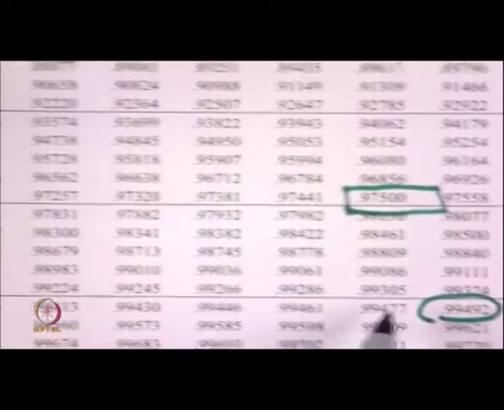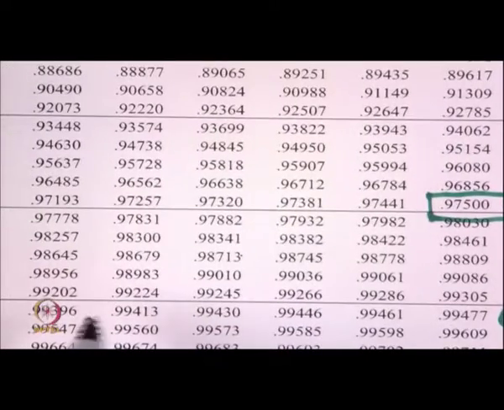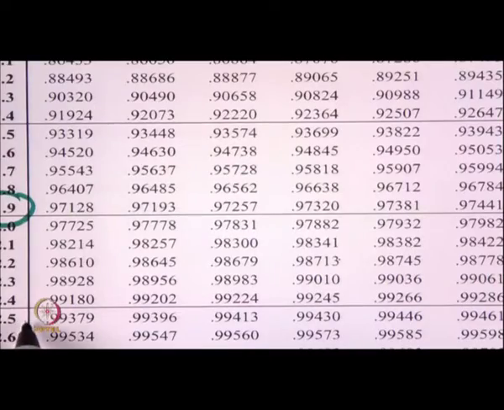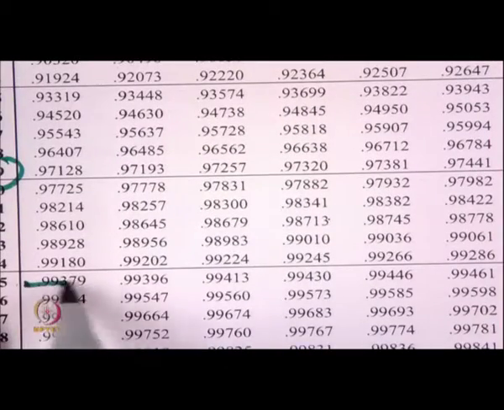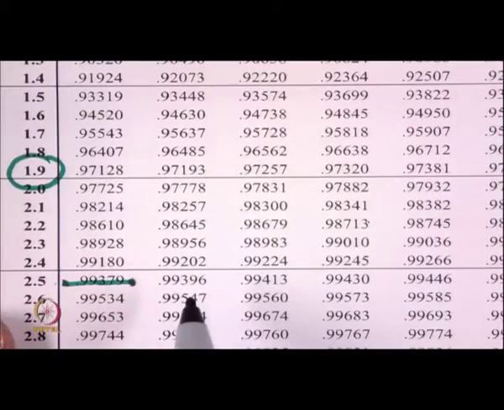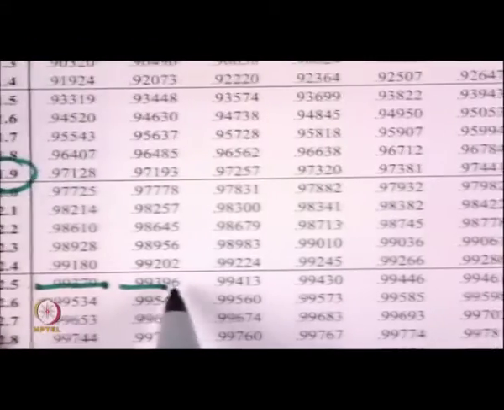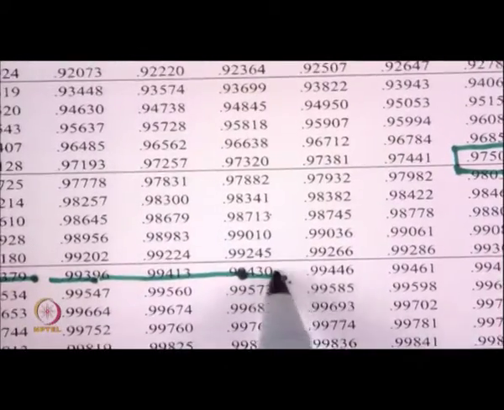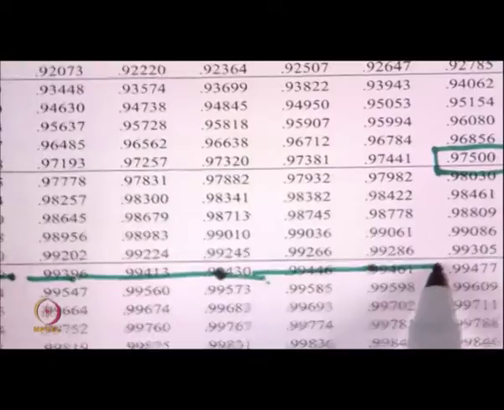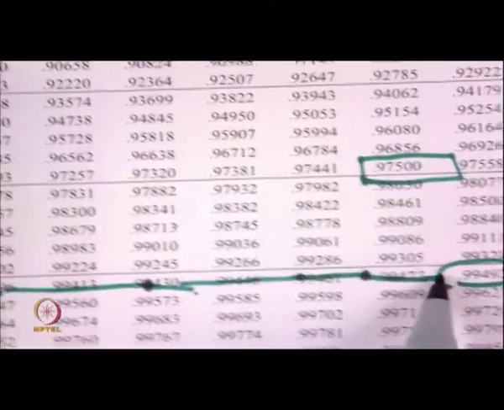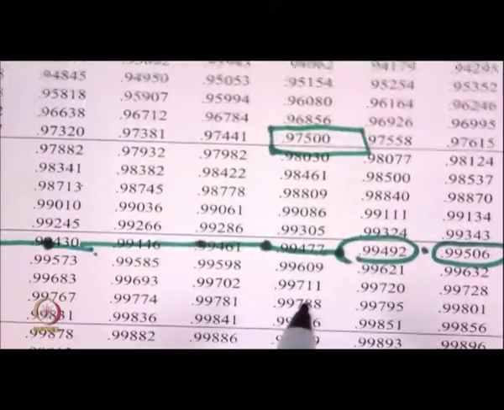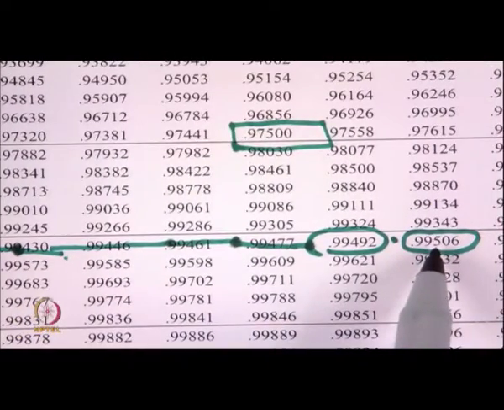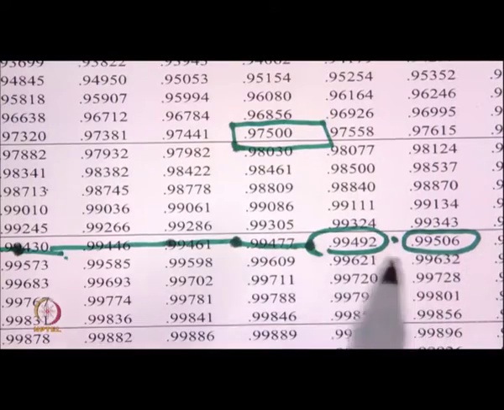Now, if I go along the row very slowly, we can see that the value corresponding to this is 2.5. As I am dragging my pen slowly, you can see that the values are coming out to be 0.99492 and 0.99506.